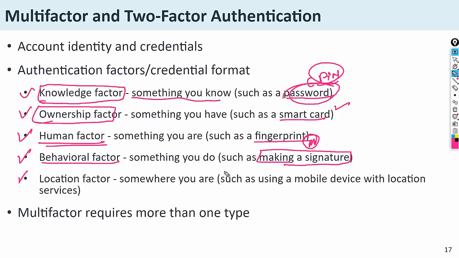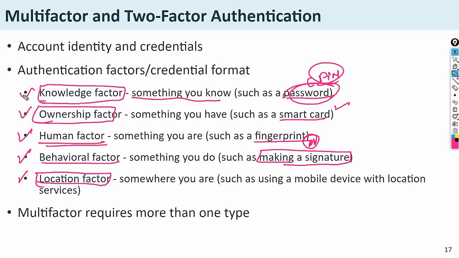This is behavior, what is your behavior. Another factor is the location factor. Location factor means if your device is within your organization, then only you can log in. If you are in another location, you will not be authenticated.